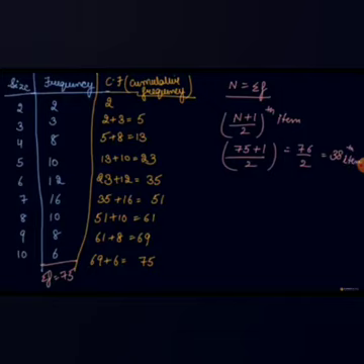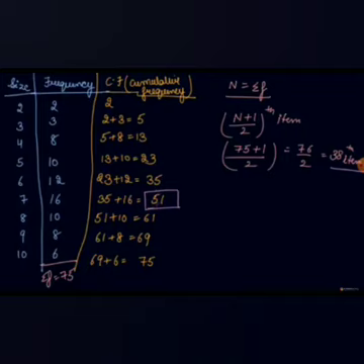Now you have to see this 38th item in the cumulative frequency. In 35, 38 is not coming. 35 is less than 38, so it is not included in 35. In what item is it included? It is included in 51.